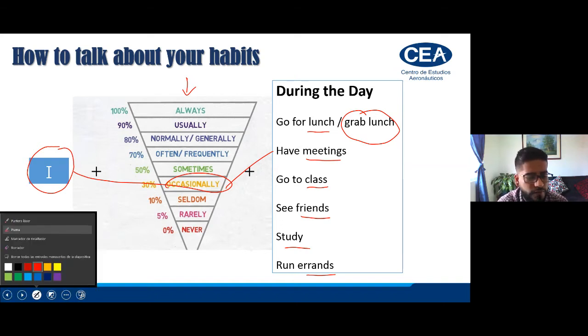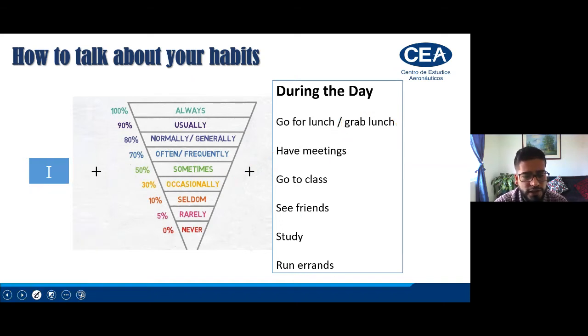The number 3 in this list is "go to class". For people who usually go to class, it's very popular during the week. So I usually go to class from Monday to Friday, for example. Then, "see friends".